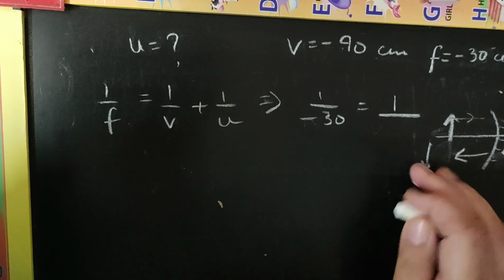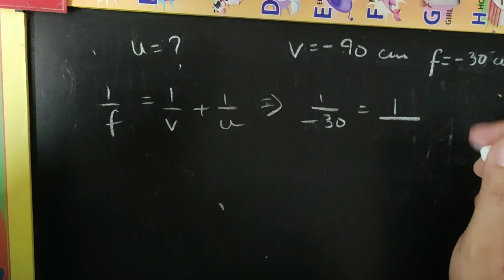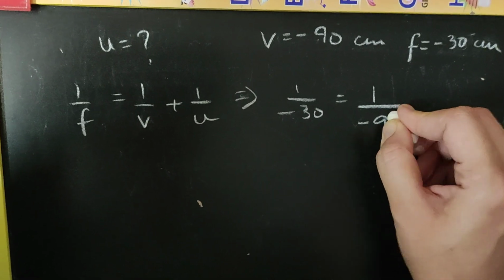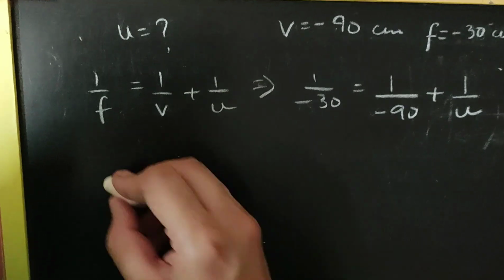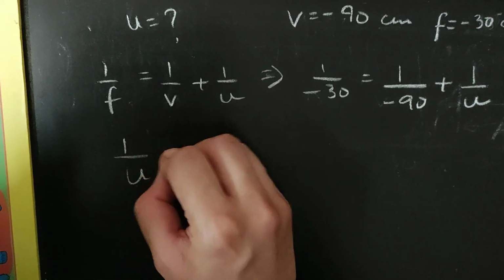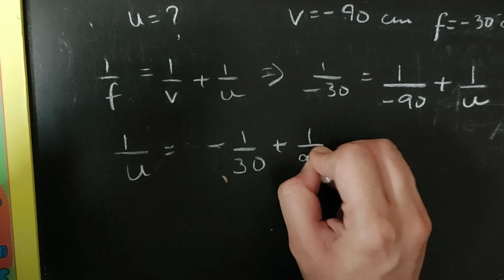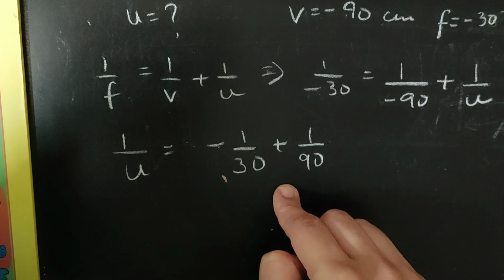So putting the values in this formula, focal length we have put negative because concave mirror focal length is taken negative. v is given in the question -90 and u we have to calculate. So rearranging the terms, it becomes 1 by u is -1 upon 30 plus 1 upon 90. 1 upon u एक तरफ रखा हमने and we have taken 1 by 90 on the other side.